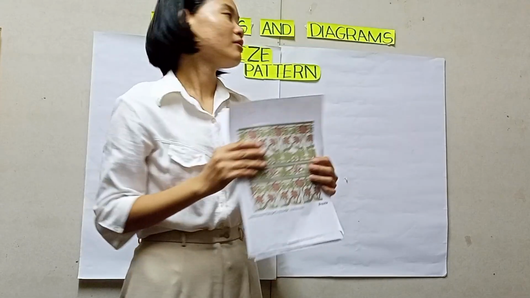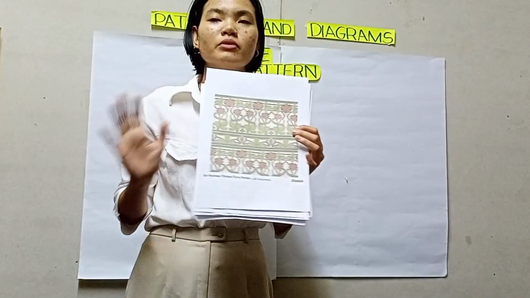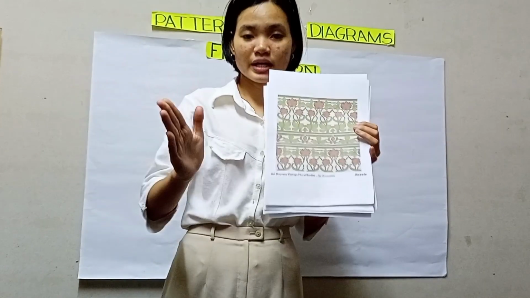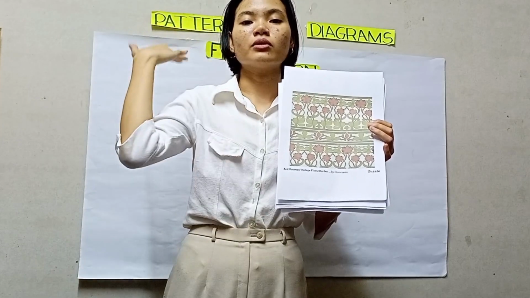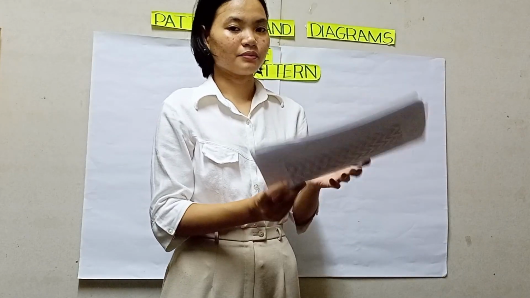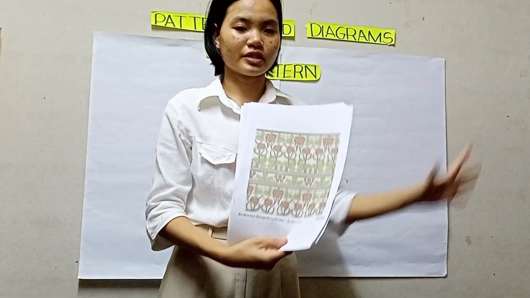So when we talk about Frieze pattern, it doesn't always mean that all of the patterns should be in straight, slanted, horizontal or vertical lines. It can have these combinations of symmetries or arts.